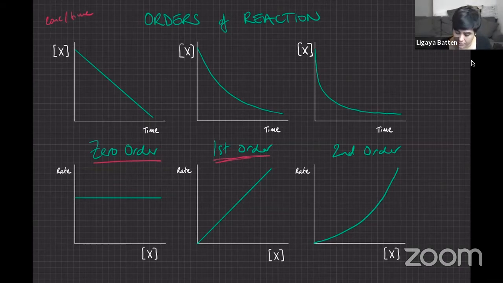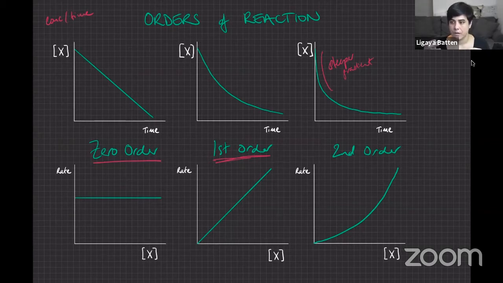Looking at the third one then, we've got a similar shape, but hopefully you can see that the gradient is much, much steeper at the beginning. So what we're seeing is that at the beginning of the reaction, a reduction in the concentration of X is having a much bigger effect on the change in rate of reaction.